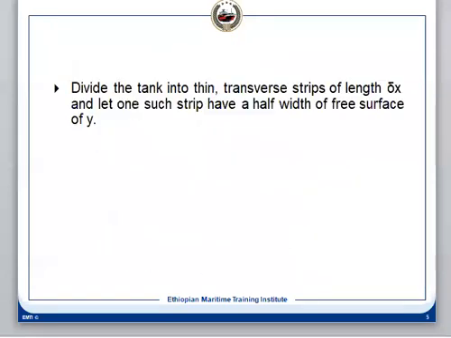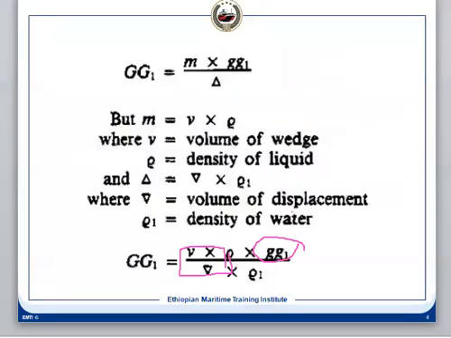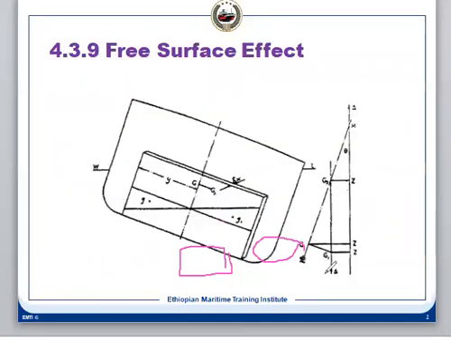Now what we derived there, this tan theta I am talking about. There was a tan theta. But in our case, this is what we have calculated here, GG1. GG1 is this one. This is G, this is GG1. For example, this is the virtual shift of our G, this is the initial, and this is the final.